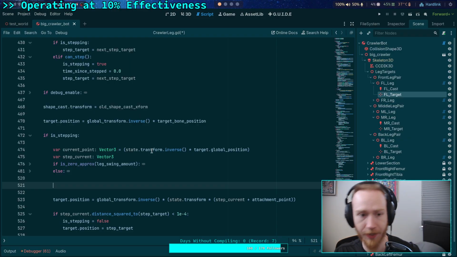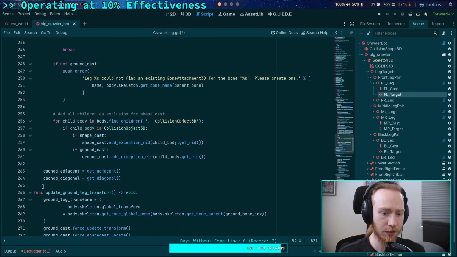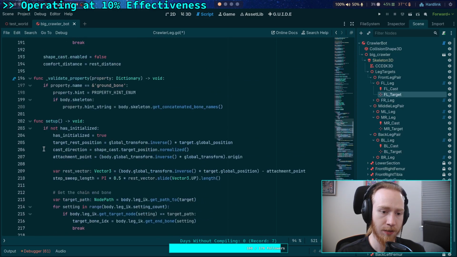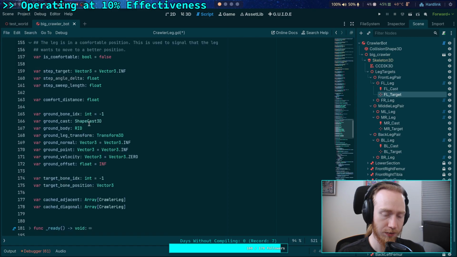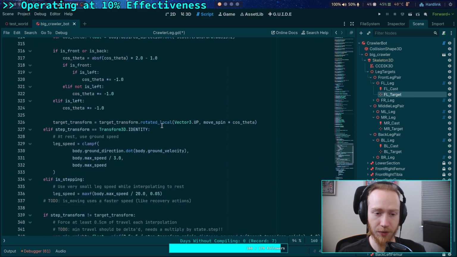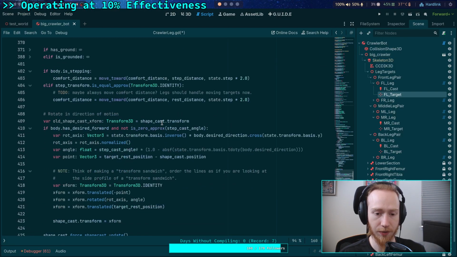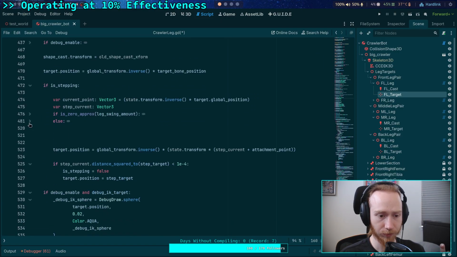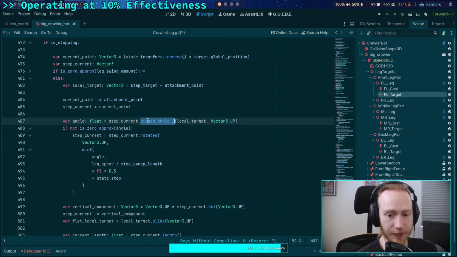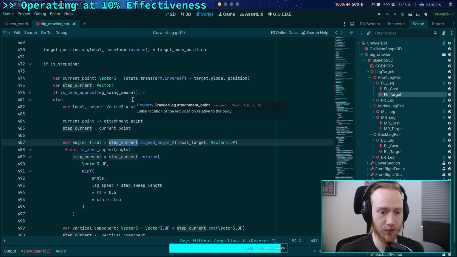So, the step angle delta, right? I have that. I don't like it because I need to compute it twice, which is a bit annoying. Because I'm always calculating, I'm doing signed angle 2 right here, using this.